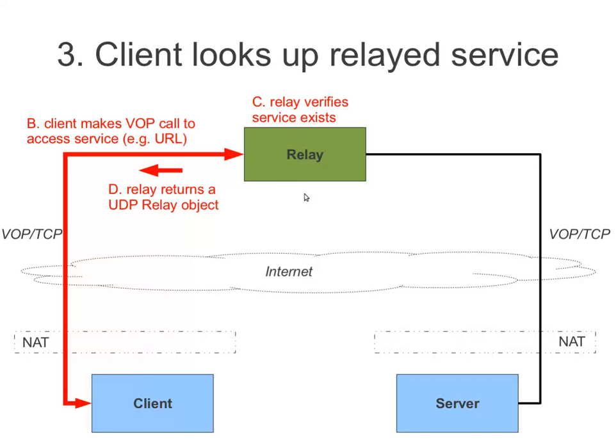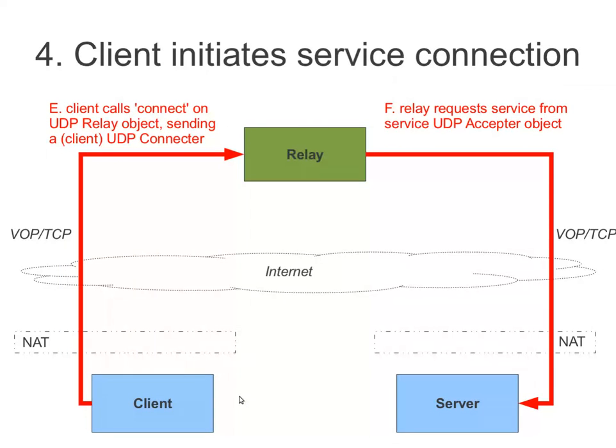The relay verifies the service exists for that resource name, and if it does, and it believes it is authorized to inform the client that such a service exists, it returns a UDP relay object to the client. This allows the client to see that there is a relayed service associated with that resource by checking the type of that returned object, and it can use that object for later initiating a connection to that service.